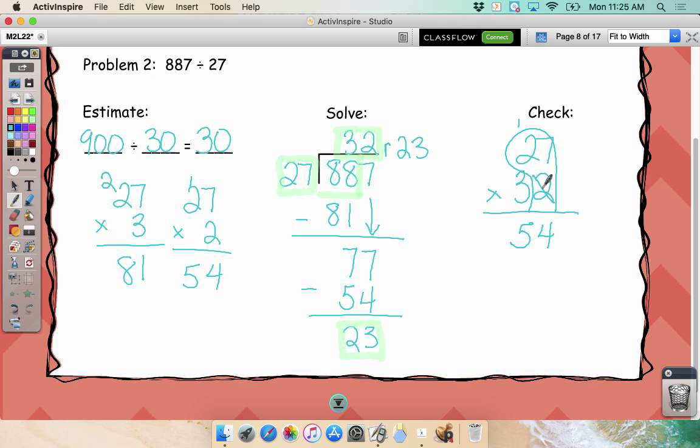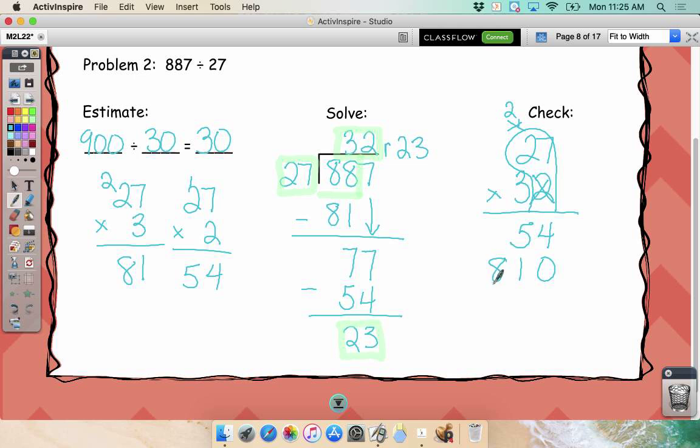Okay, X's and O. Then we already know what the second one is. Okay, same thing. So 3 times 7 is 21, and 2 times 3 is 6 plus 2.